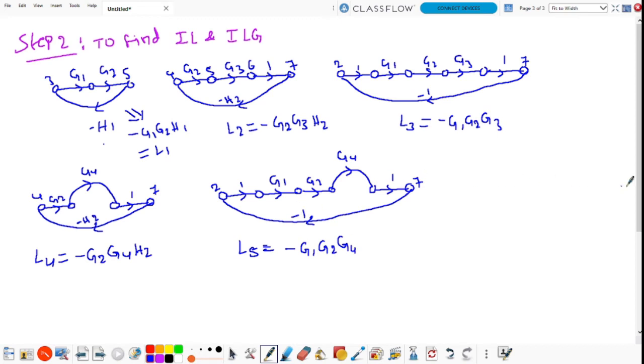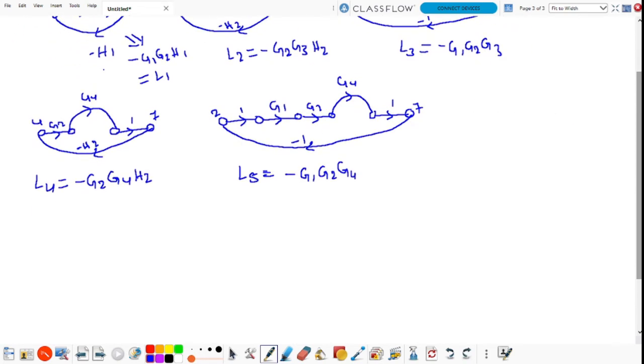Next, step 3 is to find the gain products of two non-touching loops.